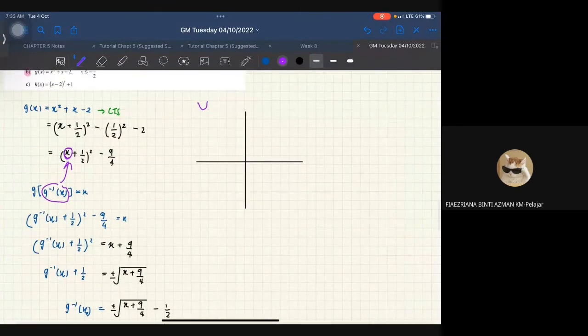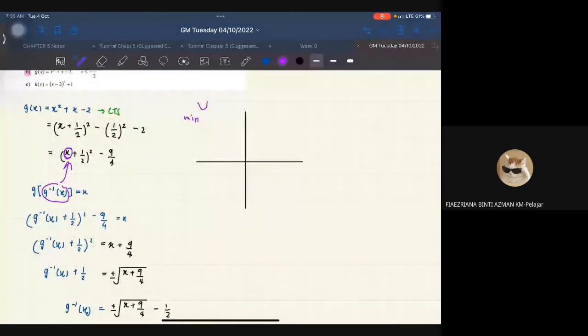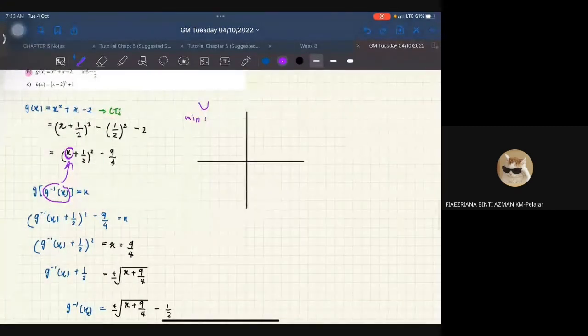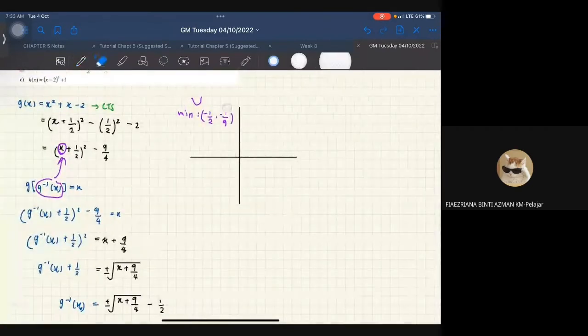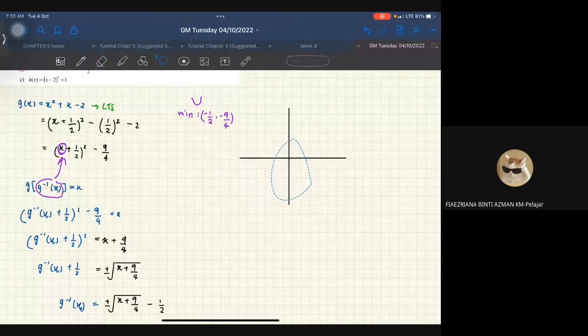Okay, so minimum point is negative 1 over 2, negative 9 over 4. Pindahkan kat sini.